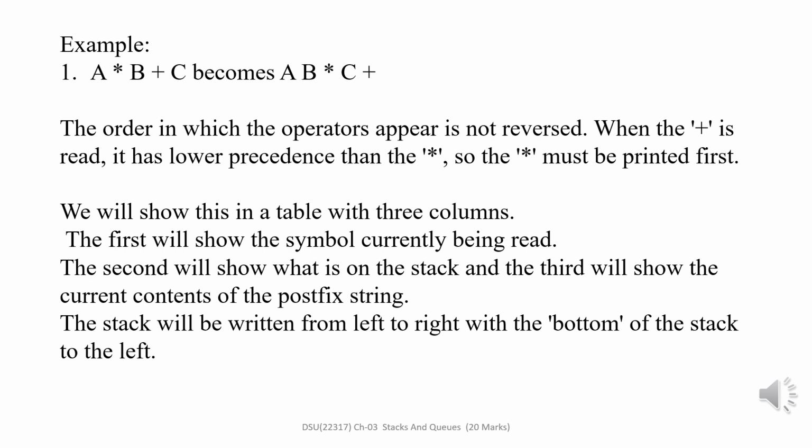We can read the expression from left to right, a * b + c. As division and multiplication have higher precedence, first multiplication will appear, after that addition will appear. Now we will see it in tabular form.